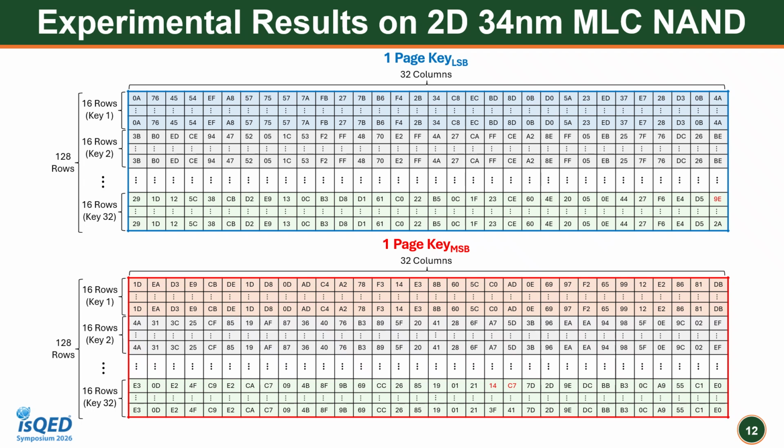So different chips may have different behavior, and the scrambling key may not be the same in all NAND flash memory chips. And again, even in 2D NAND, we can still observe some failed bits, incorrect bits, because the threshold voltage distribution gets narrower.